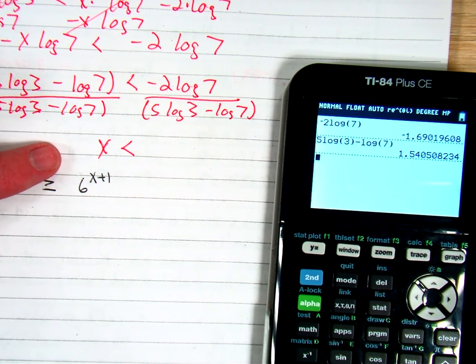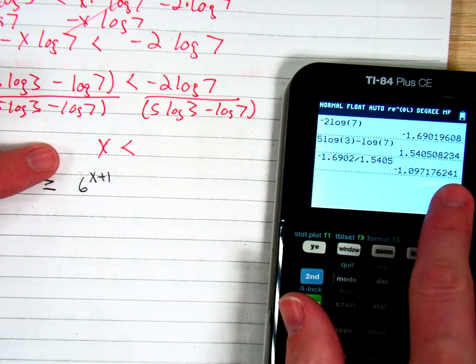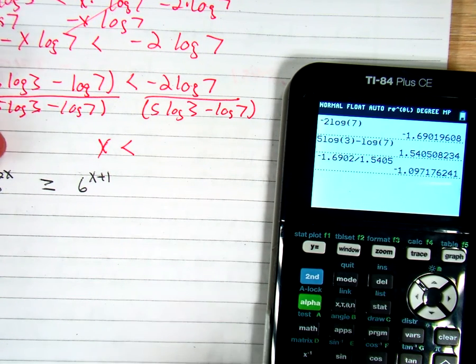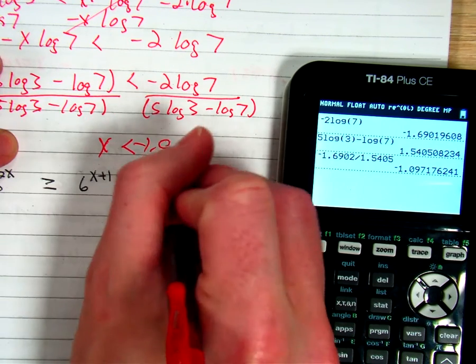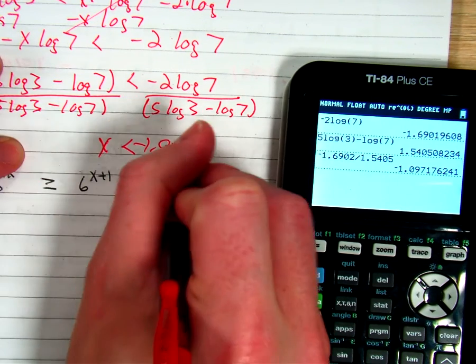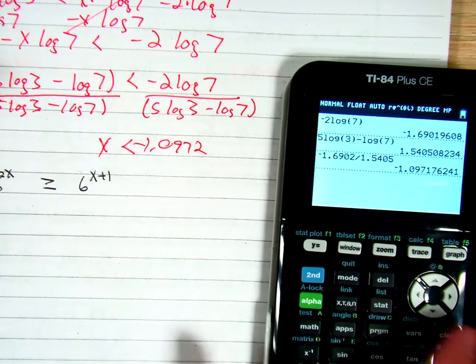And then divide those. Negative 1.6902 divided by 1.5405. Okay, we'll have that answer there. Negative 1.0972.